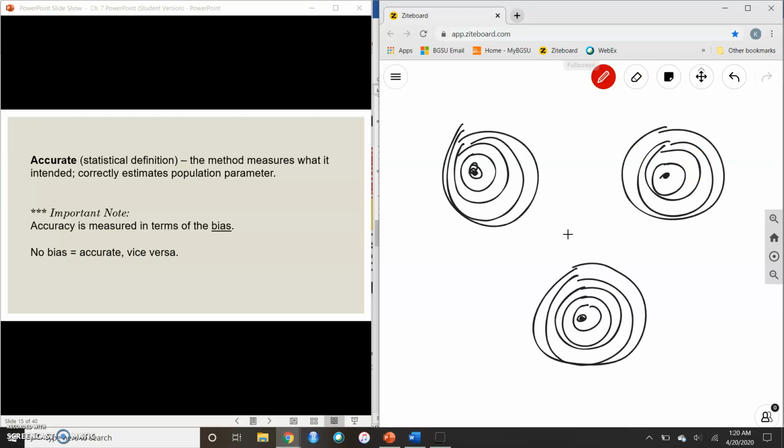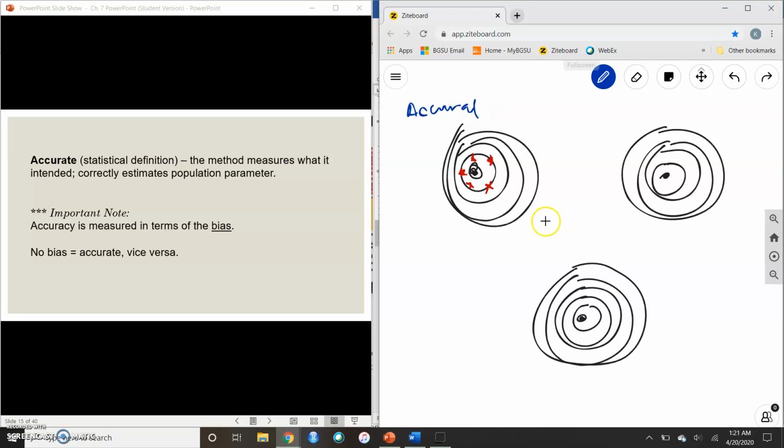It's possible that I throw my dart and it lands there, here, and here. Overall, my darts are pretty accurate. They're close to the bull's eye. But in this case, they're not really precise because they're spread everywhere. They're close to the target, but they're not precise.